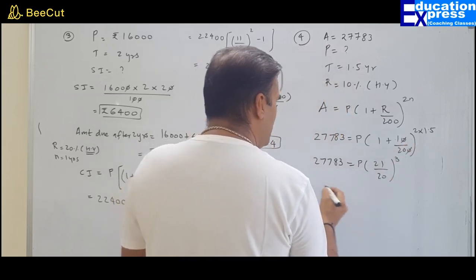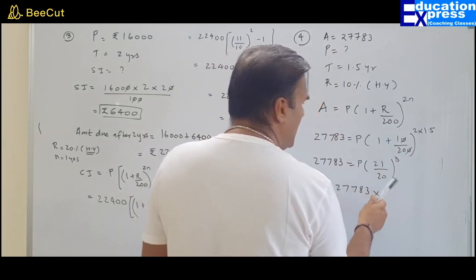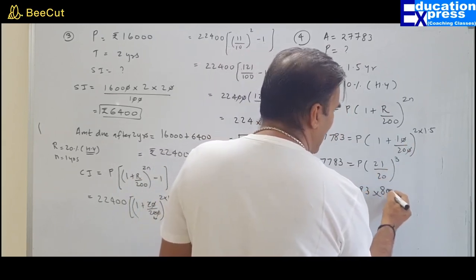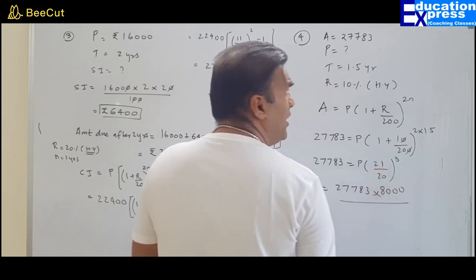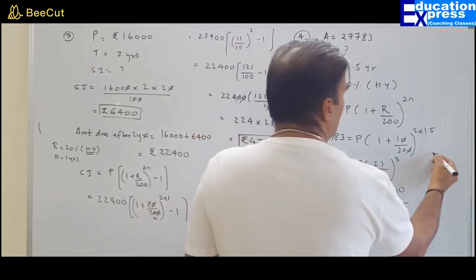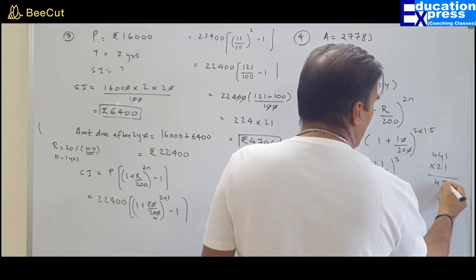My dear friend, question becomes very simple in its principle. 27783 multiply by 20 cube, that's 8000 upon 21 into 21, of course 441. 441 into 21.